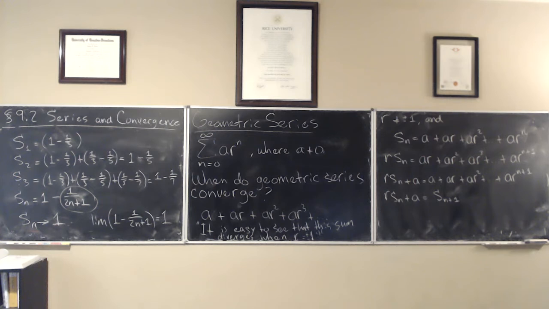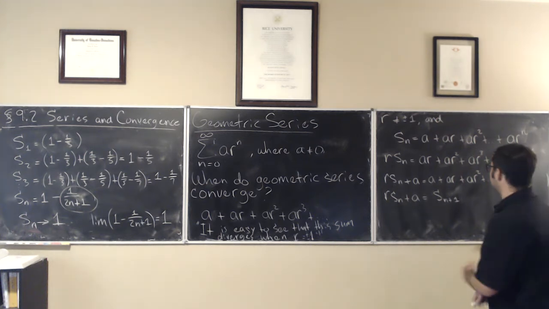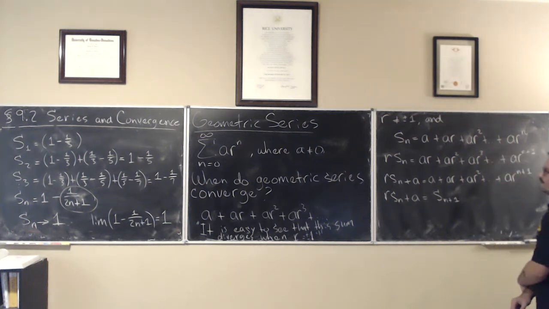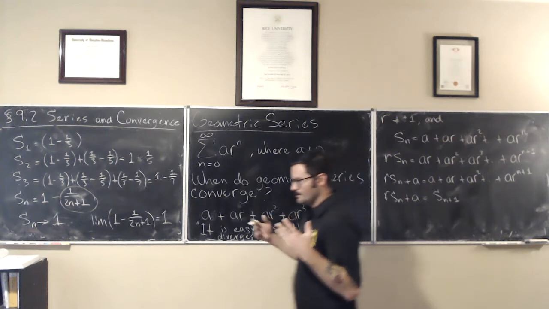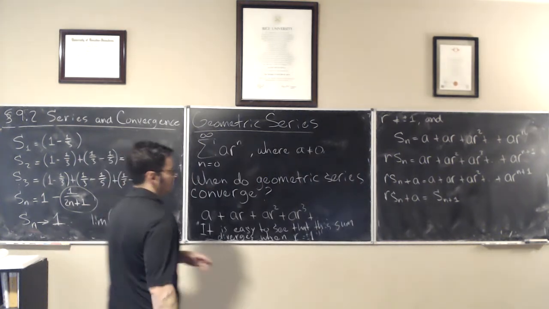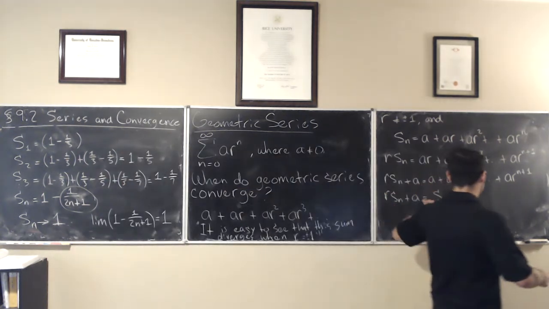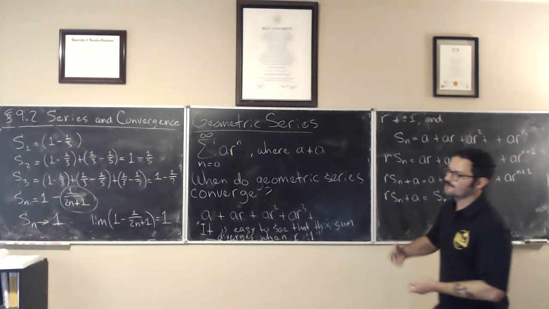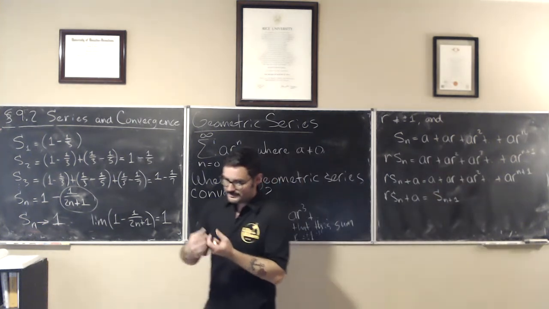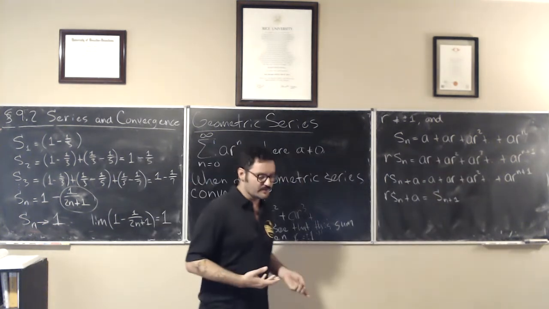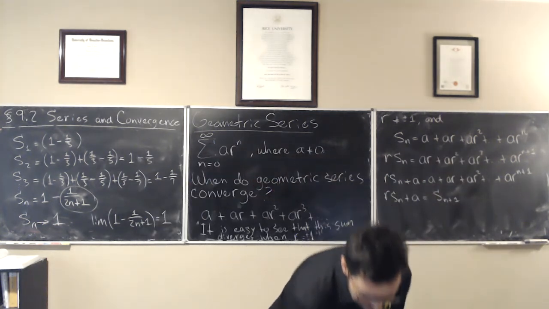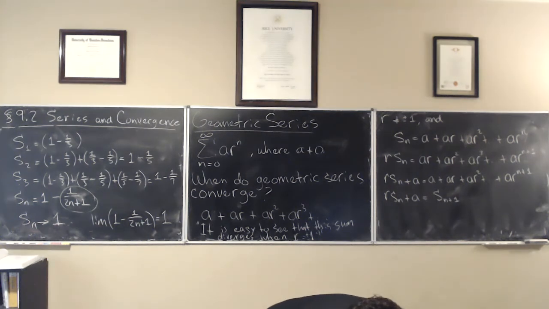So the idea of what I'm trying to get to right now is that I want to write my partial sum in such a manner that it's easy for me to determine if this is going to converge. That's where I'm trying to go with this.